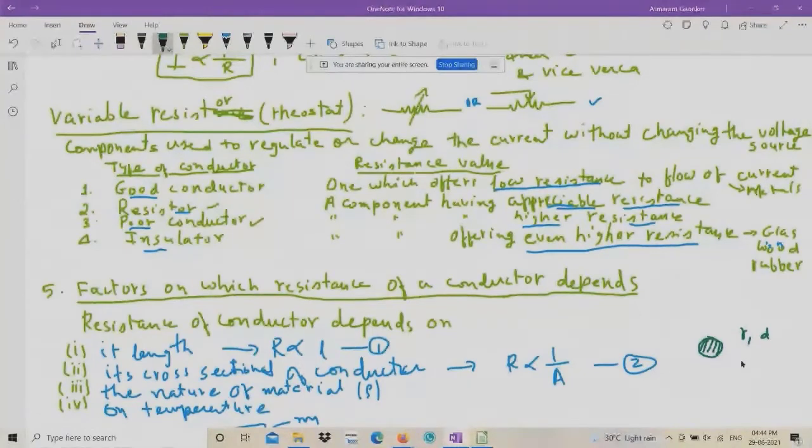The area is given as pi r square. Instead of r, you can put d by 2, so it will become pi d square divided by 4. So this is the formula for area in case you are not given the area.